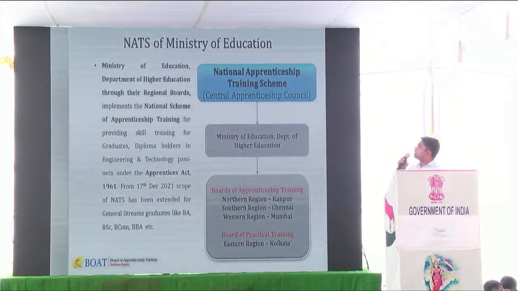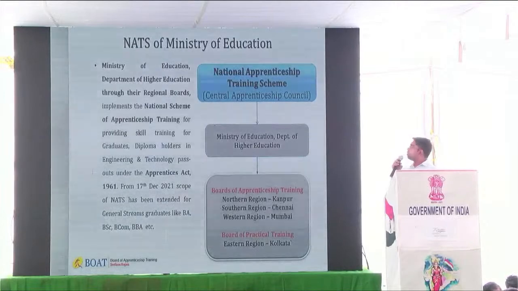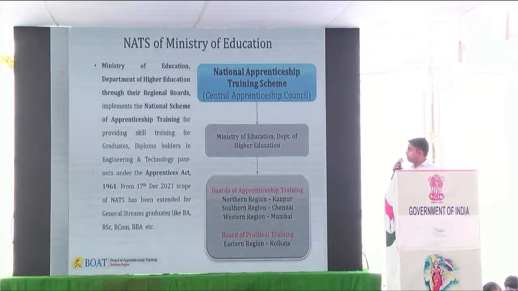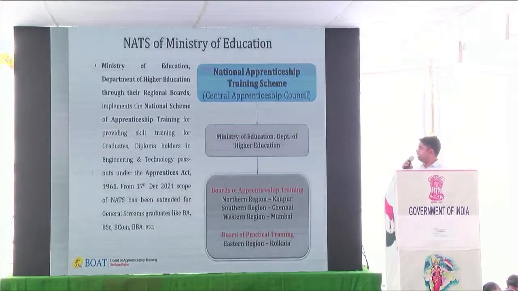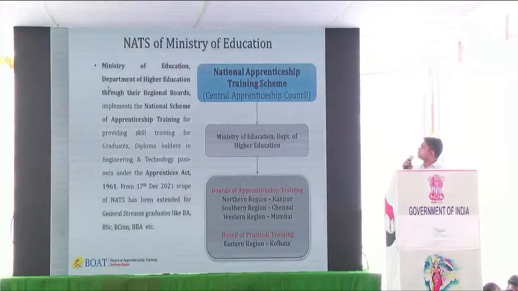You see, the Central Apprenticeship Council is the apex body, as Srinivas sir has already told you. Under this, the Boards of Apprenticeship Training are located in the Northern, Southern, Eastern and Western regions, and come under the Ministry of Education and Department of Higher Education. Next.